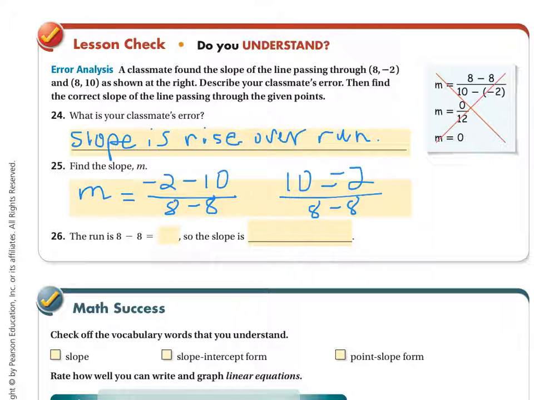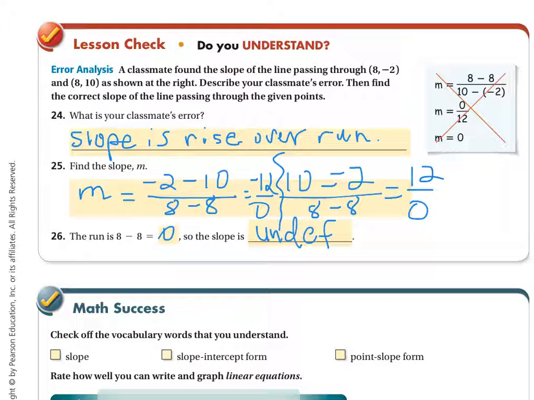Because both of them end up dividing by 0. So whether you get a positive 12 on the top or a negative 12 on the top, you're dividing by 0 in both cases. So the slope for this line is undefined.